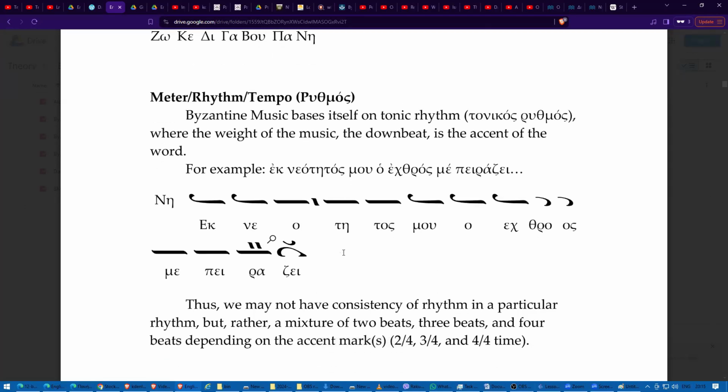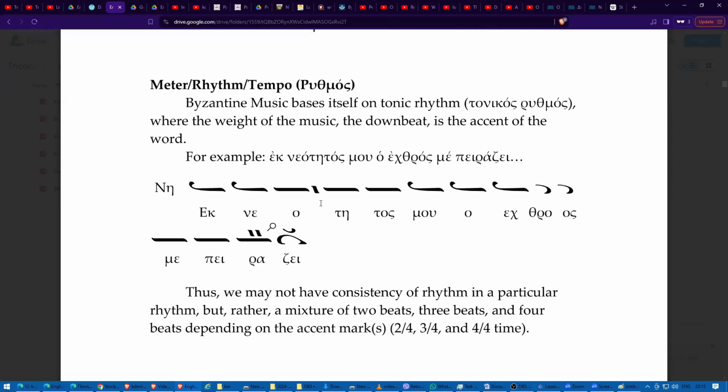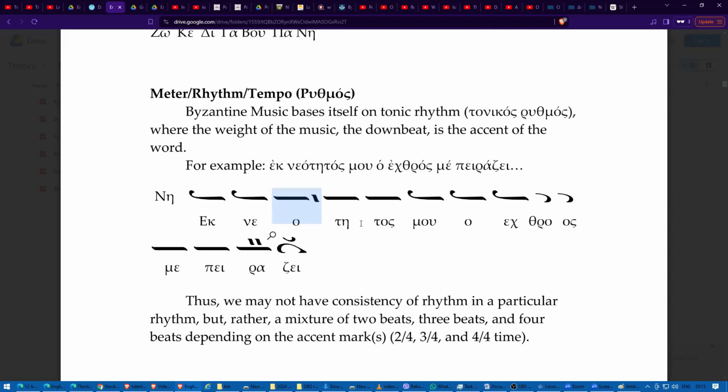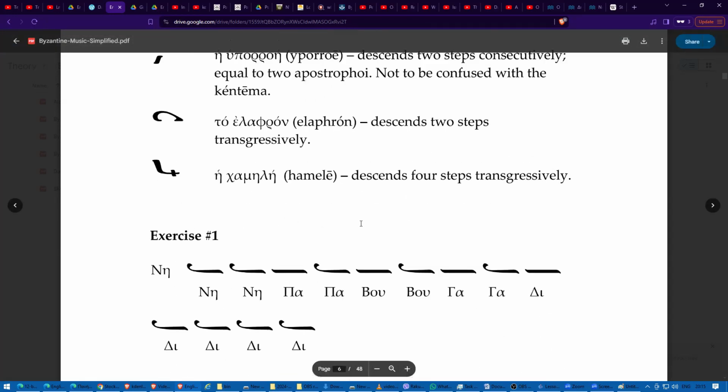Alexandra asks, after the oligon, what does that symbol mean? So this here is a combination of characters. There's the oligon here, and this small character here is called a kendima.